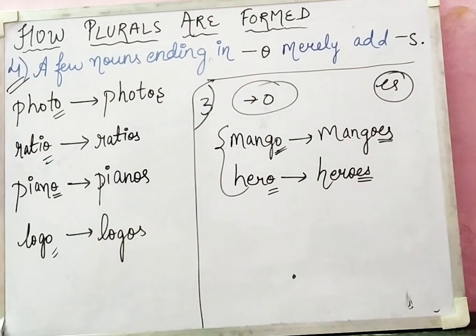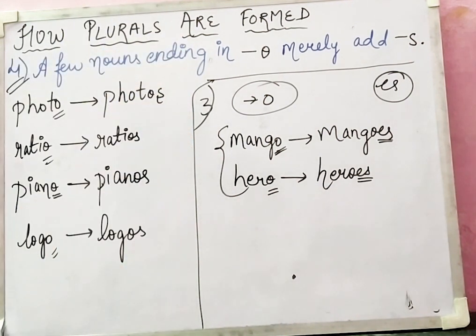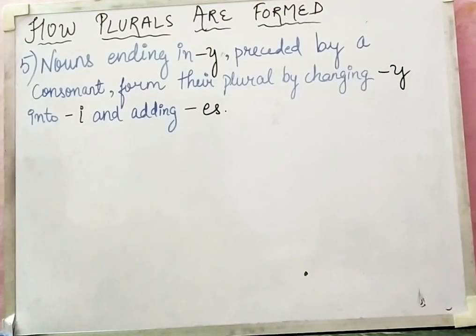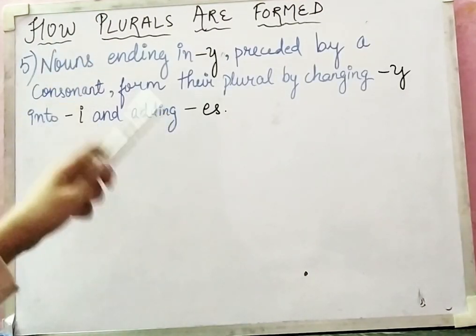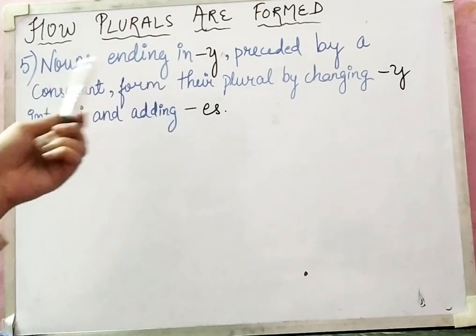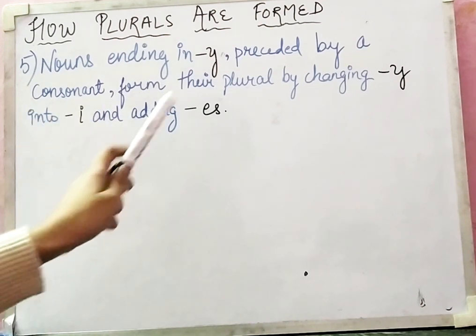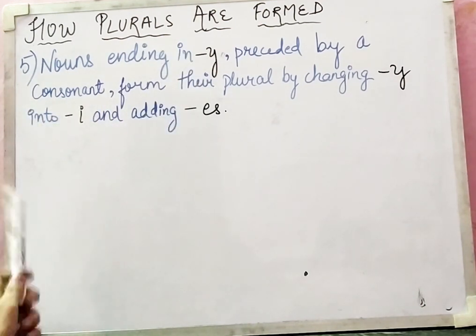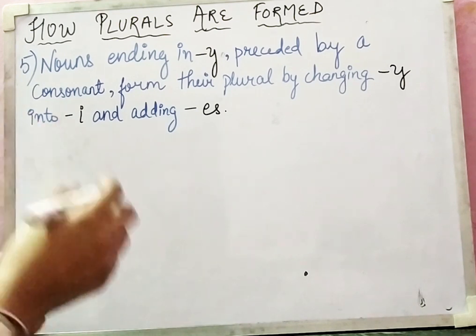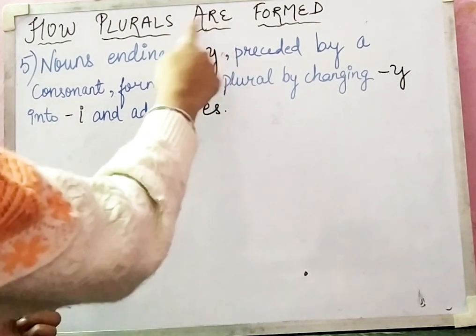So now we will proceed further with the fifth way to form plurals. In this, nouns ending in y preceded by a consonant form their plural by changing y into i and then adding es. Means in this, we take any noun which ends with y.